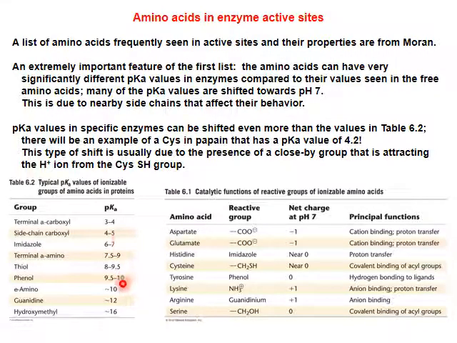They can range quite a bit in their value because of that dielectric constant that's present in an active site that has most of the water excluded, if not all of it, and the ability of the hydrophobic environment to promote electrostatic interactions and binding events to allow these pKa values to be different because you're in a different chemical environment, okay?